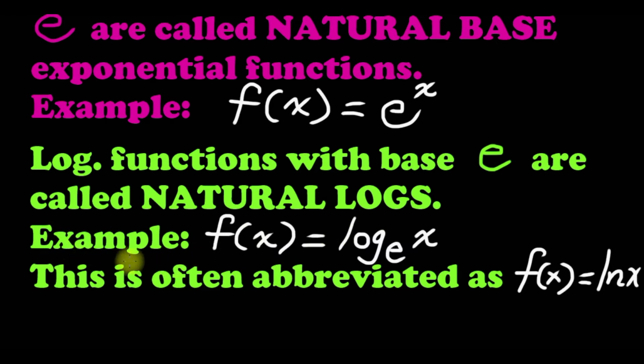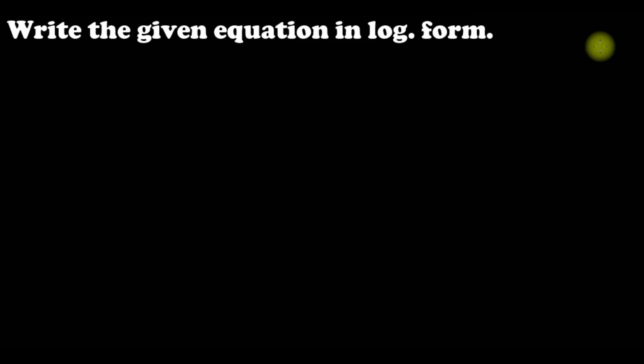For example, if you're given f of x equals log base e of x, this is often abbreviated as f of x equals ln of x. So the base for the ln of x is also base e. So they both have base e, but one is in terms of log, the other one is in terms of natural log. So now we're going to look at examples.